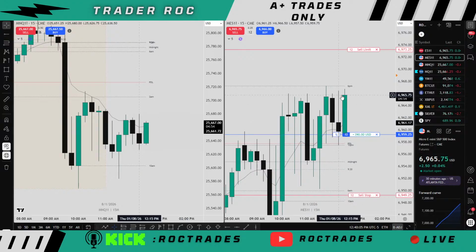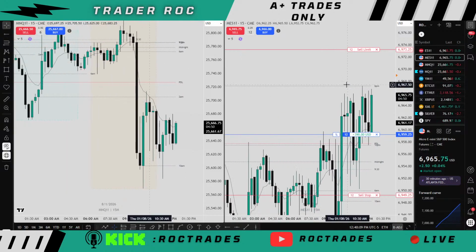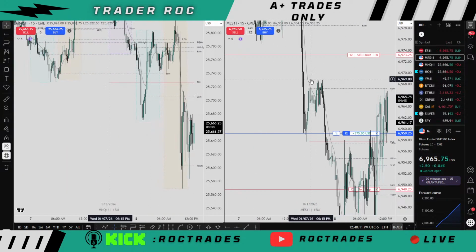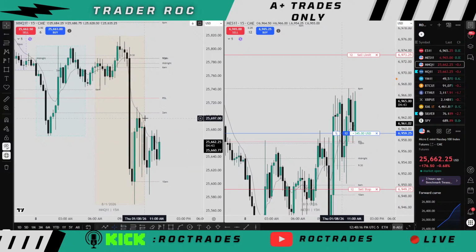But if we can get a strong 15-minute close here, I believe in this trade. I believe it's going to offer at least a sweep of these highs right here. And then NASDAQ will give you maybe a retest of here, maybe a retest of this previous daily low here.